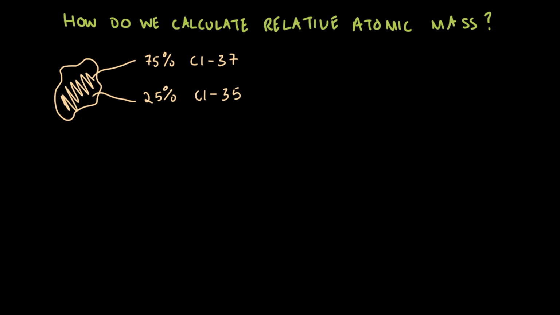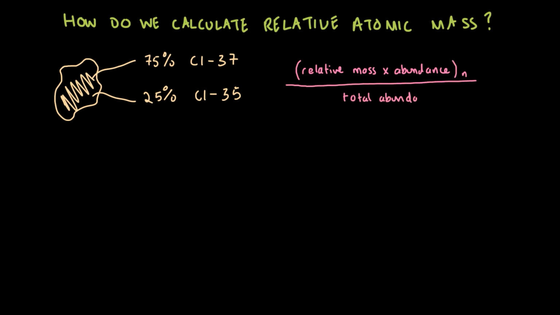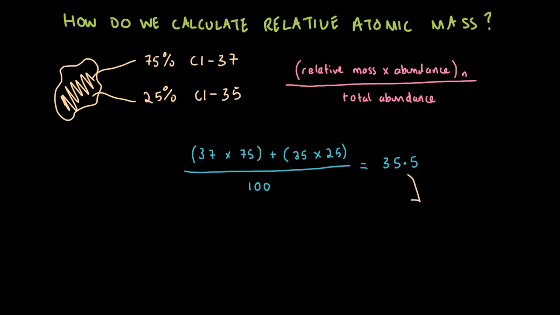We need an average, and that's where this equation comes in. We multiply relative mass by the abundance and do this for all the isotopes, divide this by the total abundance. So in the example above, we do 37 times 75, put this in the brackets, then add 35 times 25 and divide all of this by the total abundance, which is 100, and the answer is 35.5. So it's this chlorine that we'd put in the periodic table.